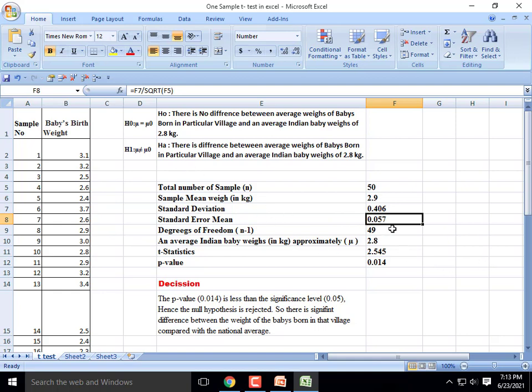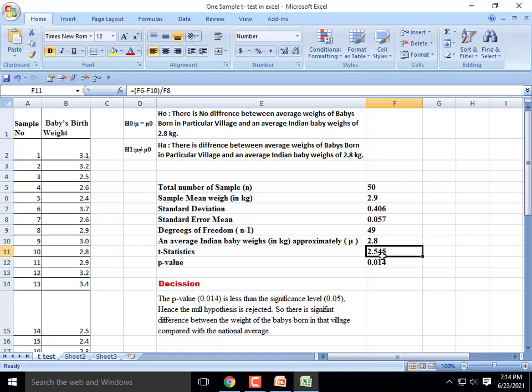So with this we can get 0.057. The next one, degrees of freedom, that is n minus 1. n is 50 minus 1, 49. Then this is mu, average Indian baby weight, that is population mean, 2.8 kg.